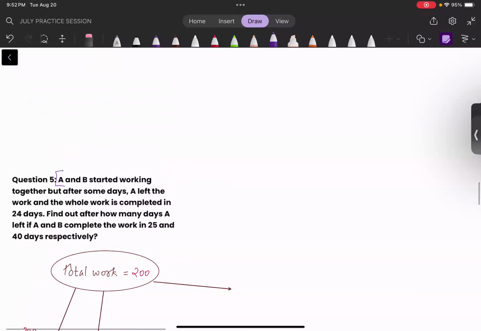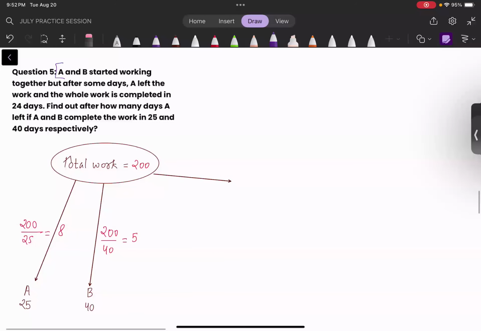A and B, see the starting of the question. A and B started working and work is completed in 24 days. This part I will take now. Carefully answer. Who started the work?